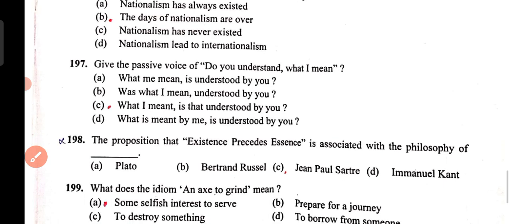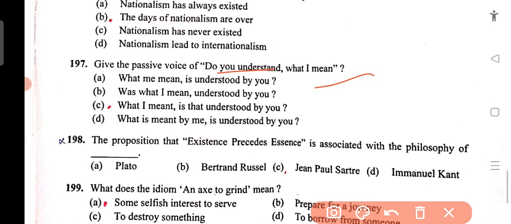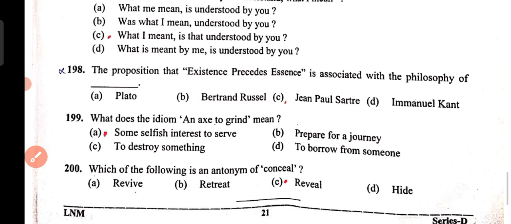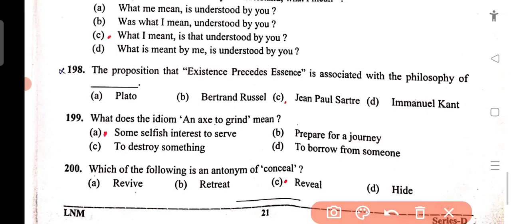Now question number 197, give the passive voice: 'Do you understand what I mean?' Number C will be the correct: 'What I mean is understood by you.' Now the next, 198: the position that existence precedes essence is associated with the philosophy of Jean-Paul Sartre.